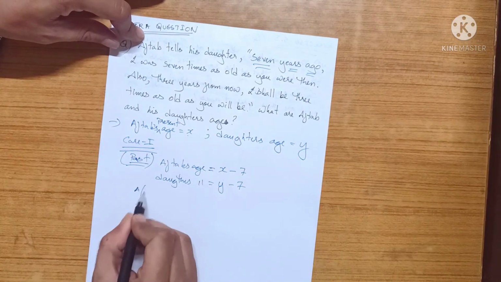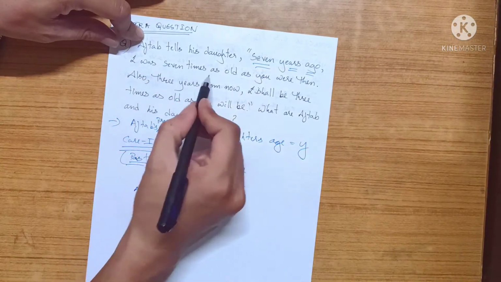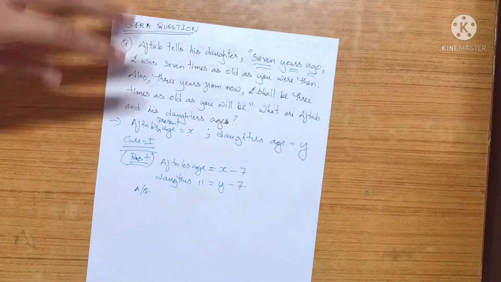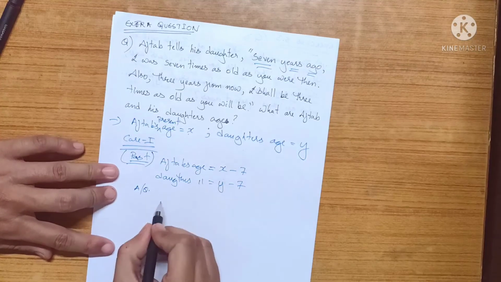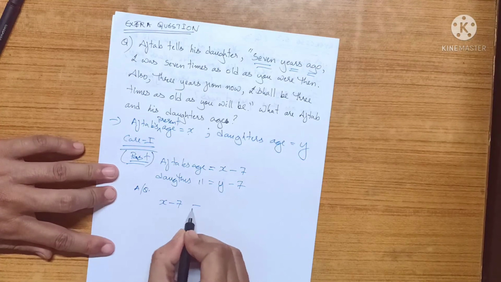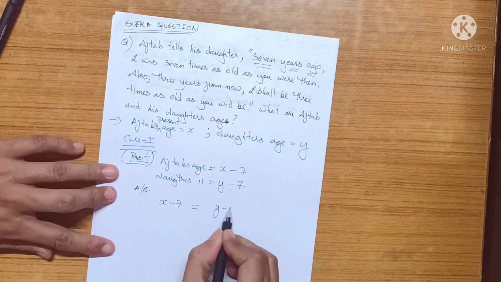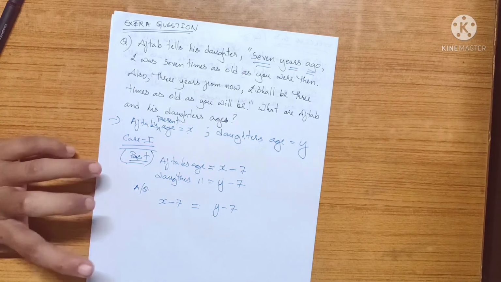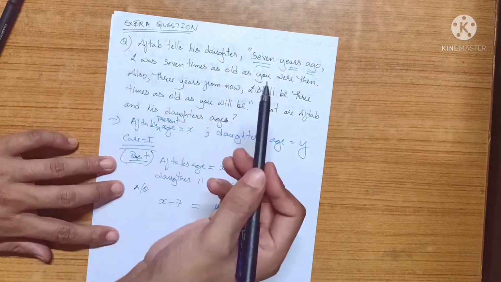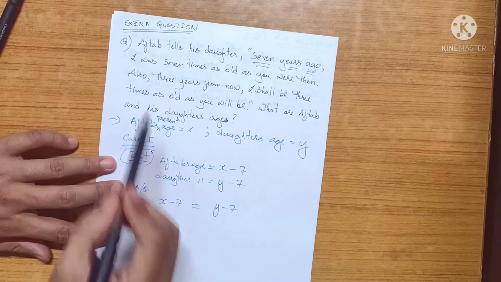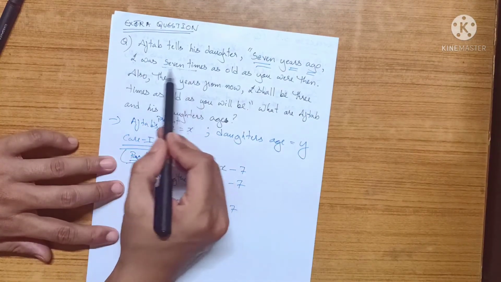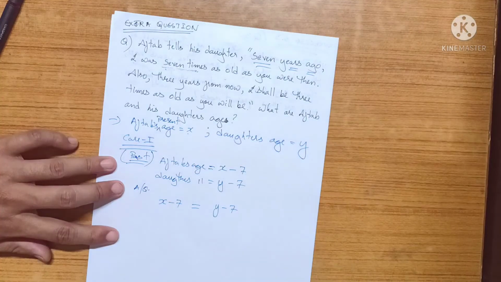So what is the question saying? I was 7 times as old as you were. So what you're going to do is write Aftaf's age and daughter's age, and then put how many times it is accordingly. So they're saying 7 times as old as you were. 7 times.